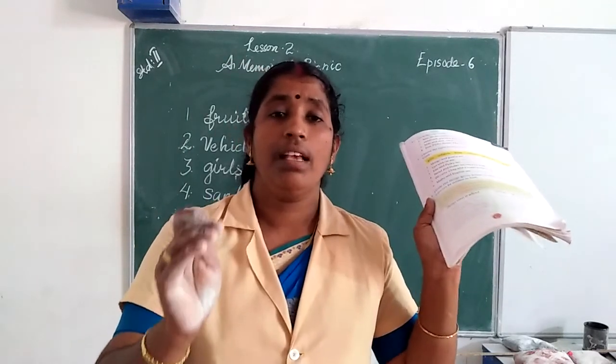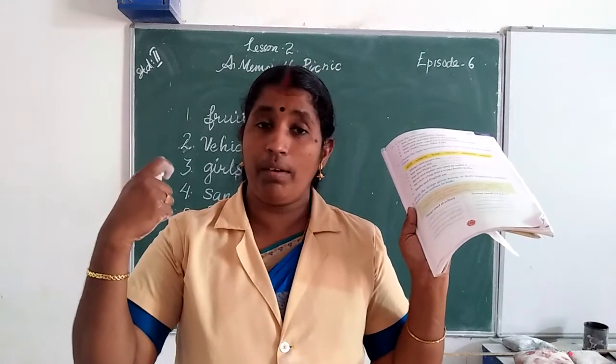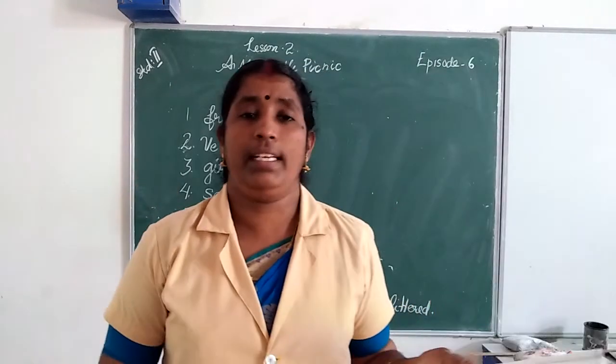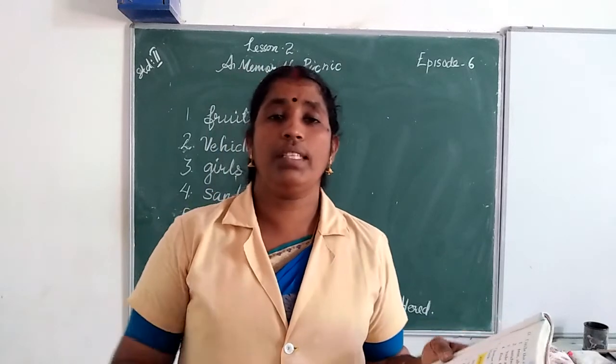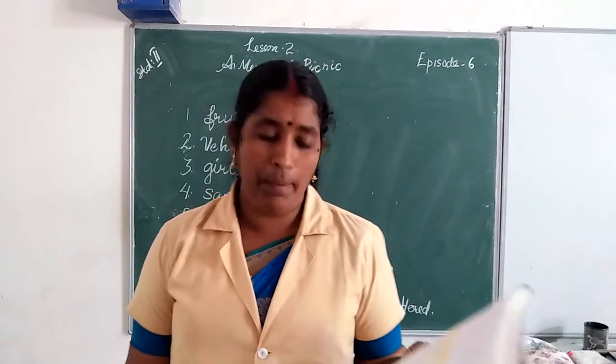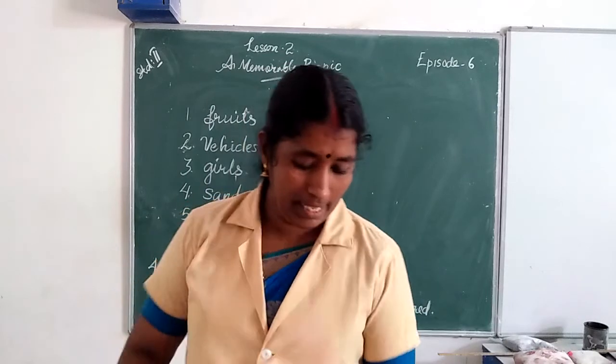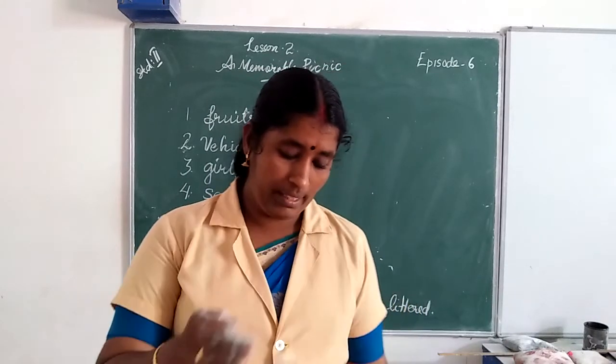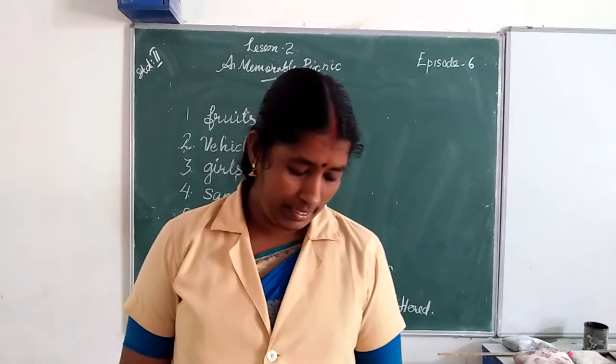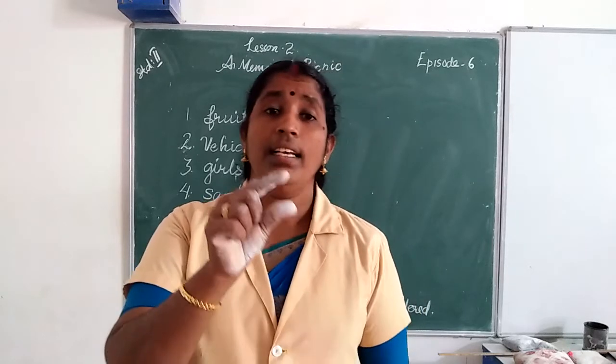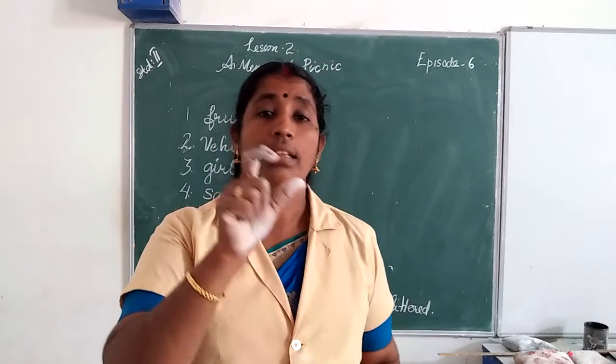What are the things we bring with us when we go for a picnic? Let us categorize them and write them in two columns. And there are things we use both in school and in picnic.